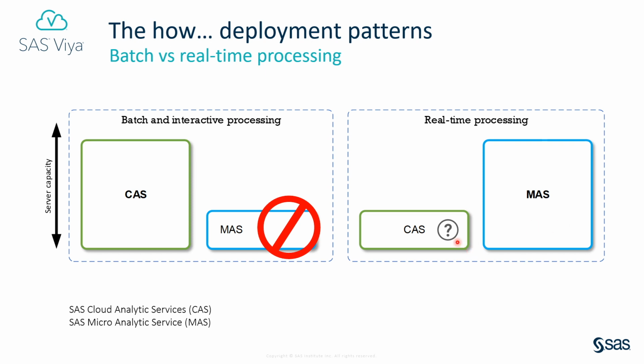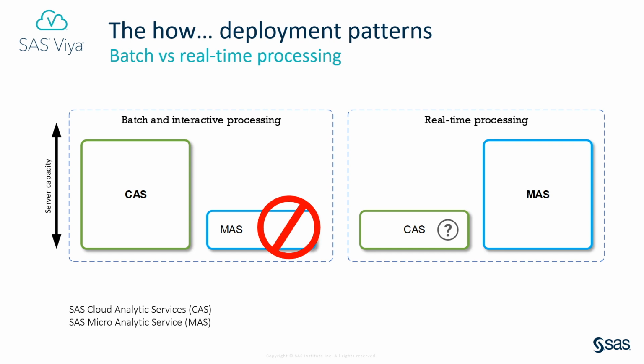I've also put a question mark on CAS because it is possible to call the CAS REST APIs. But within the context of SAS Intelligent Decisioning, the real-time transactions are all supported by the SAS Micro Analytic Service, or MAS. It's important to understand this when it comes to sizing our deployment, if we're looking at the batch and interactive processing versus the real-time processing.